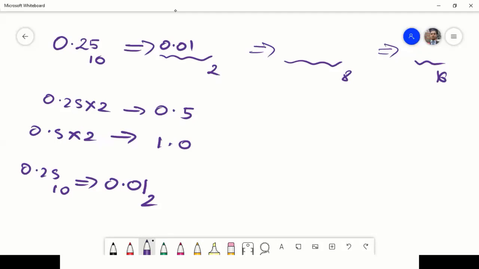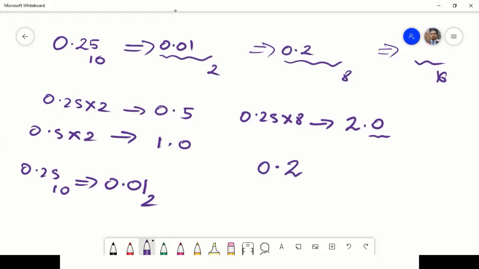If you want to convert to octal, you have to multiply it by 8. Then we get 2.0. Since the fractional part is 0, we can stop with this. So it's going to come 0.2 base 8.